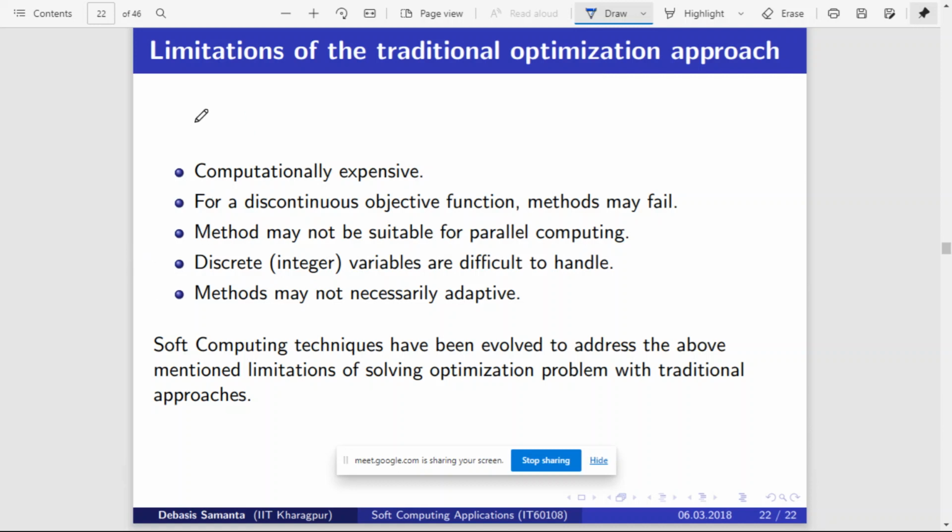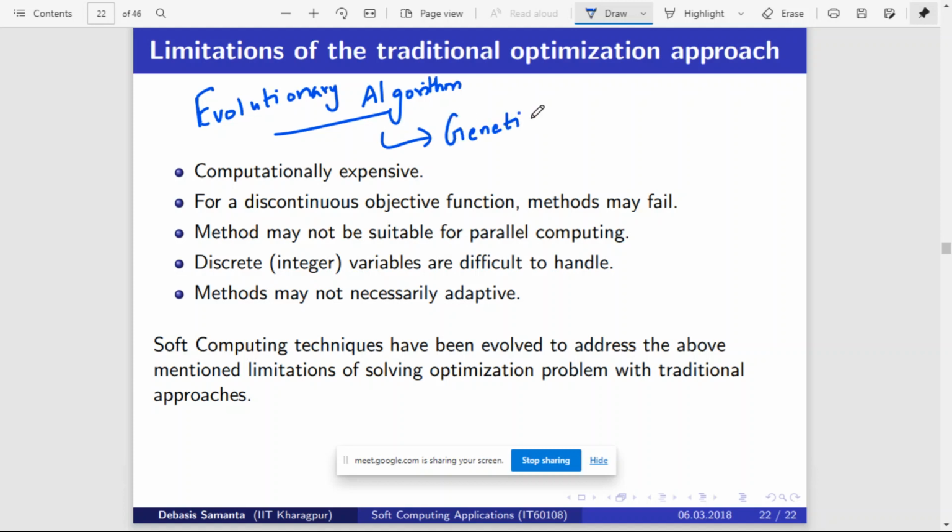So in artificial intelligence there is a class of algorithms which is called evolutionary algorithms. One such evolutionary algorithm is called genetic algorithms, right? There are different types of evolutionary algorithms which we'll be discussing in the next slide.